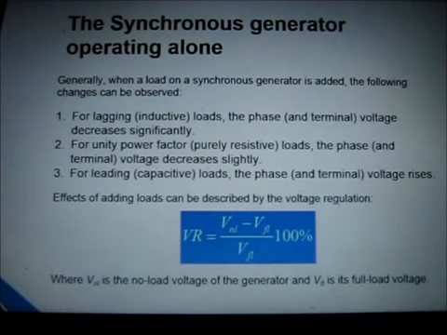Now the effect of adding loads can be described with the voltage regulation, and we have seen before that the voltage regulation is given as (V no load minus V full load) by V full load, and this also decides the efficiency of our DC machine. In this case it is a DC generator, it is the AC generator.